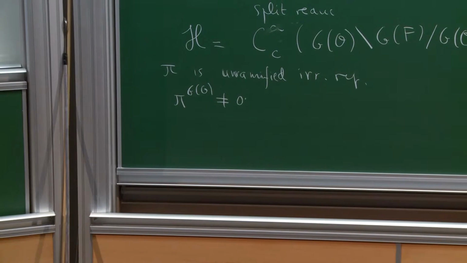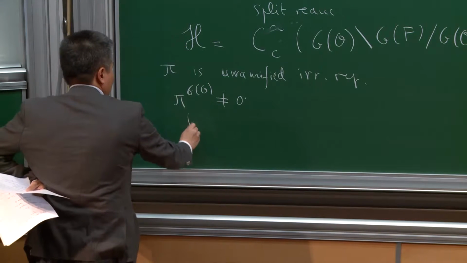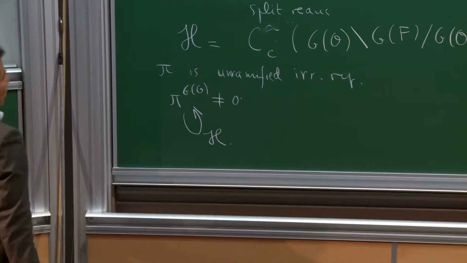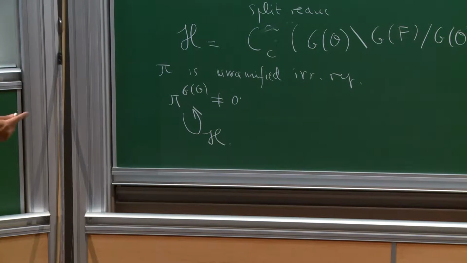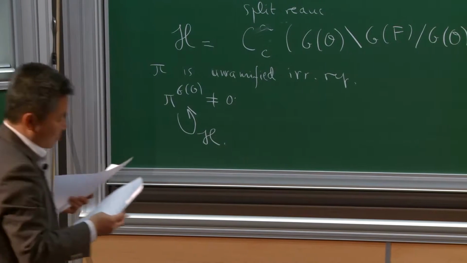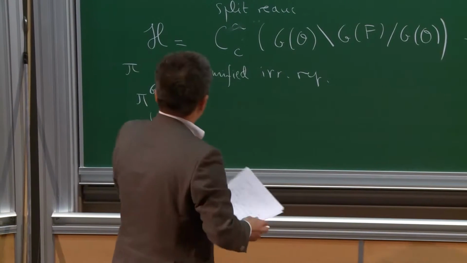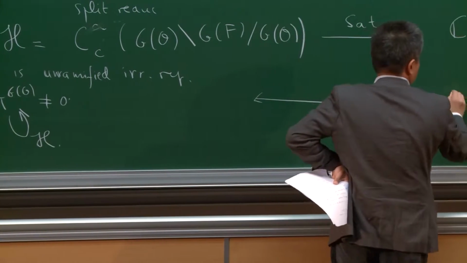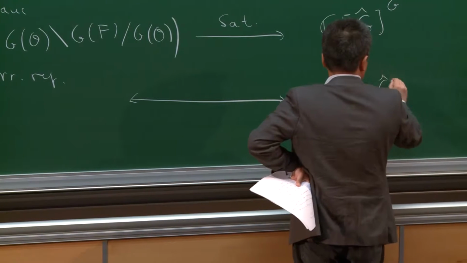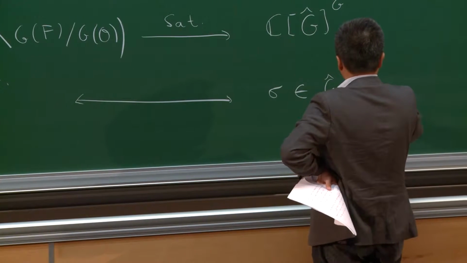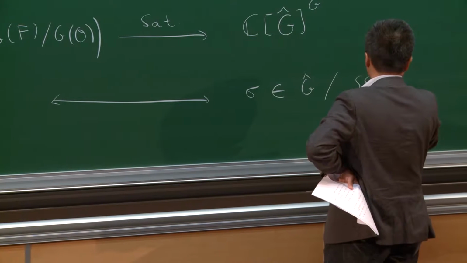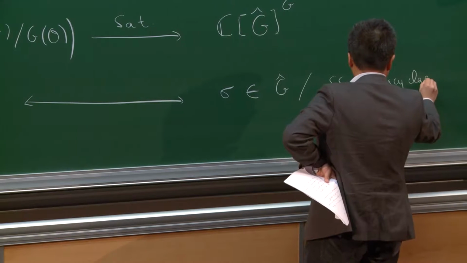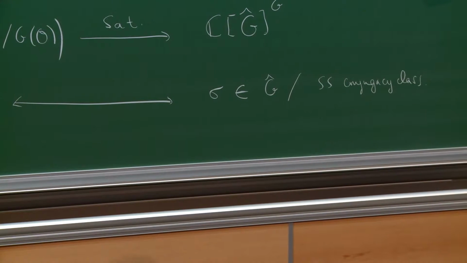Then we know that H acts by convolution product on this vector space, which is one-dimensional. By the Satake isomorphism, this pi will correspond to some semi-simple conjugacy class sigma in G hat.